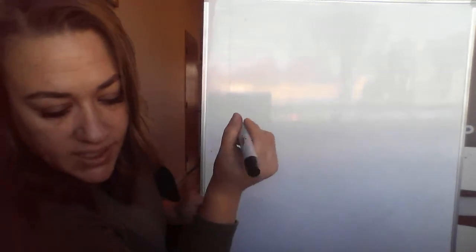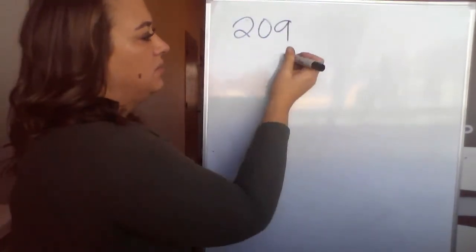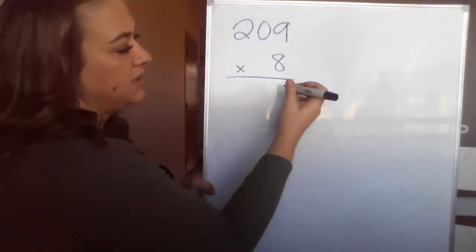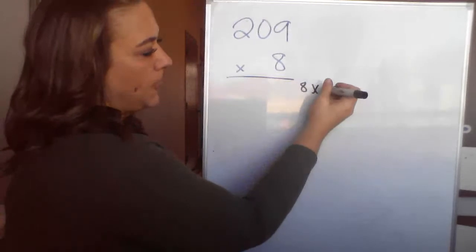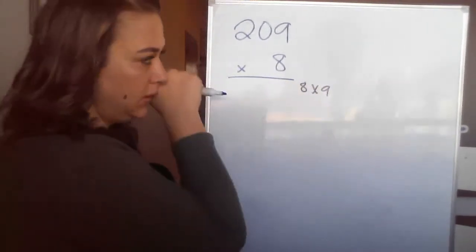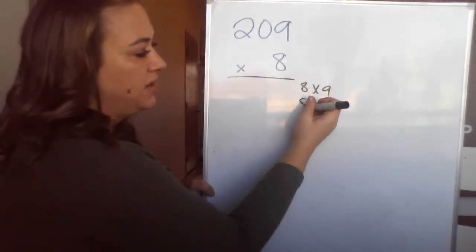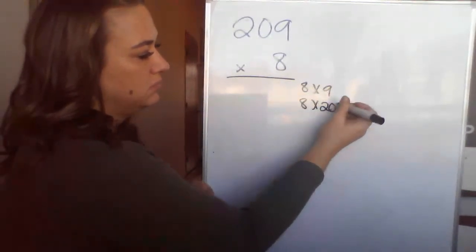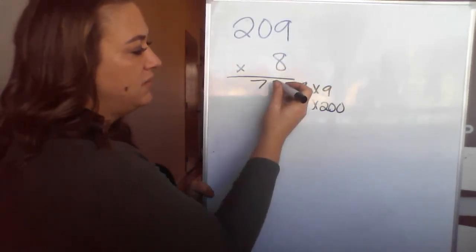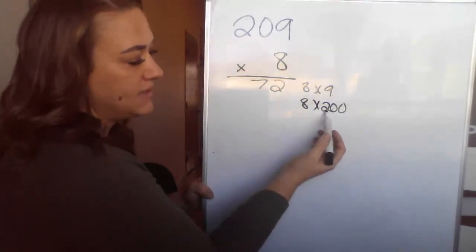All right, 209 multiplied by 8. So we have 8 times 9. Remember, if there's a 0 there, I don't need to do 8 times 0. We know that's going to be 0. 8 times 200. 8 times 9, that's going to give us 72. 8 times 2 is 16.